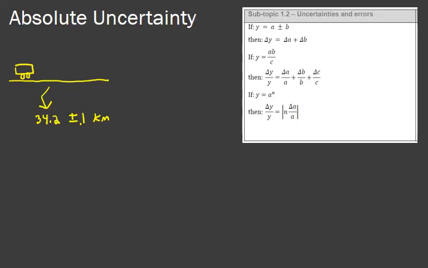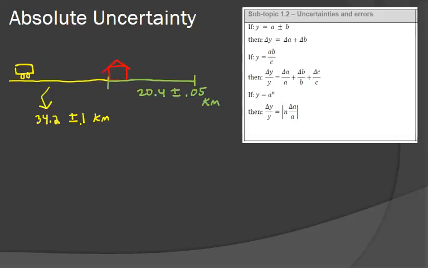Okay, so for our first example problem, go ahead and draw out a car that travels 34.2 plus or minus 0.1 kilometers. And so based on that measuring device, we have 0.1 kilometers uncertainty. And then we have our station that we reach, and then go an additional 20.4 plus or minus 0.05 kilometers using a more precise measuring device for that.